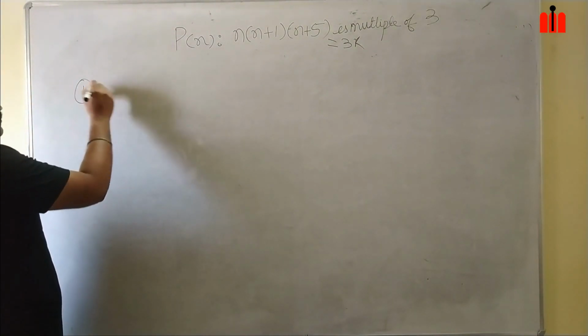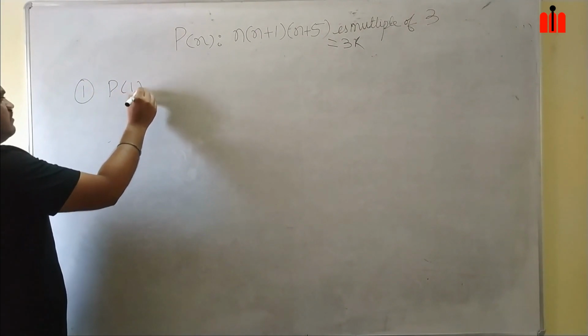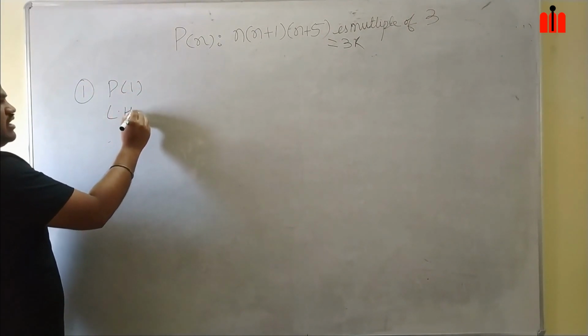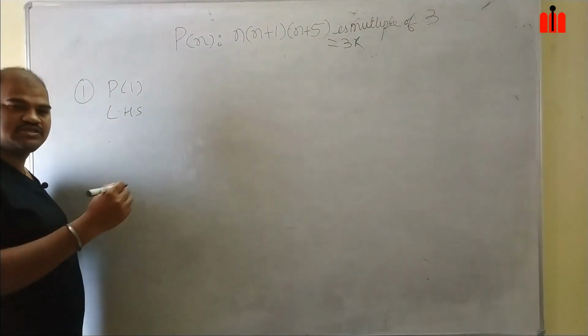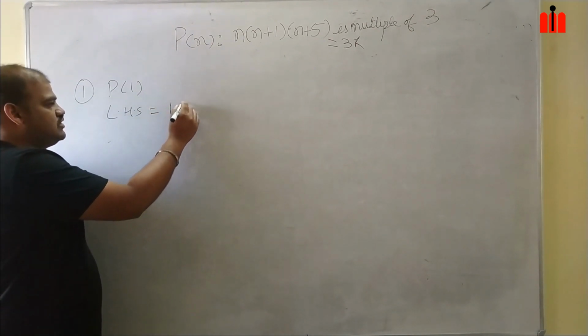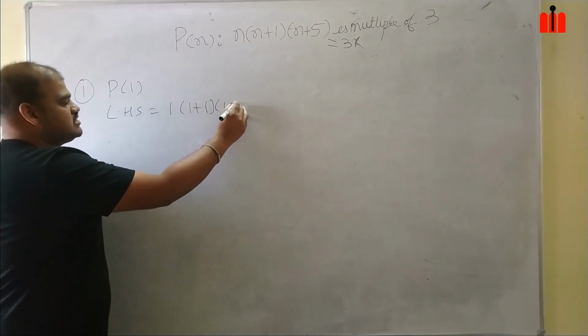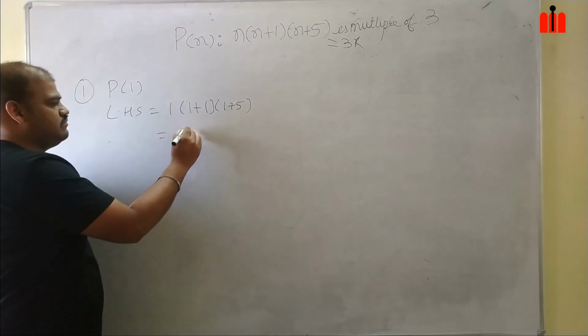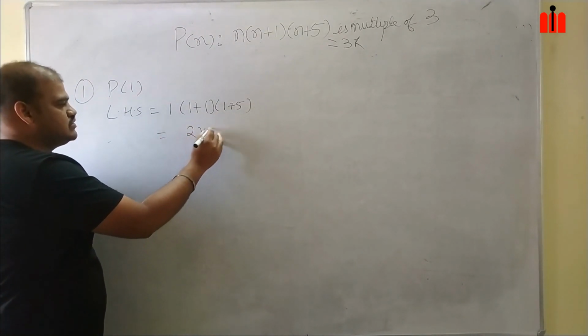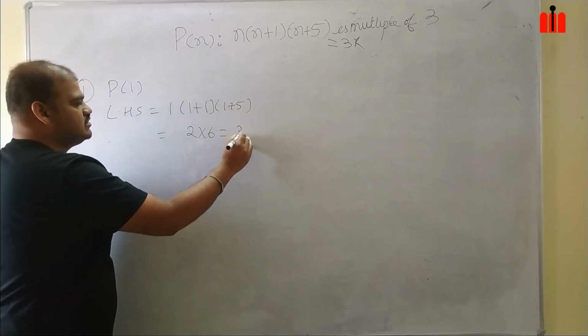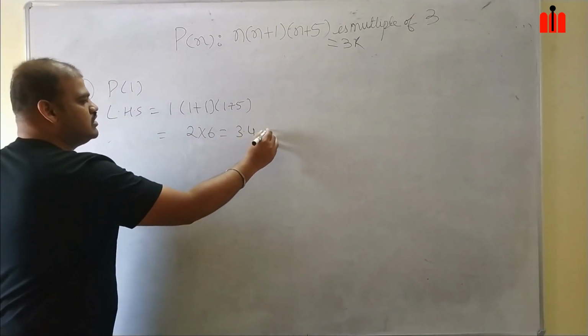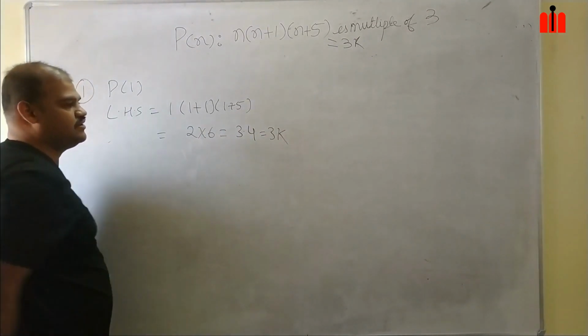So first step of the check process, P1. For P1, my LHS will be n, n plus 1, n plus 5. So I will substitute n equal to 1. So it will become 1, 1 plus 1, 1 plus 5. So this will become 2 into 6, which is 3 into 4, in the form of 3k.